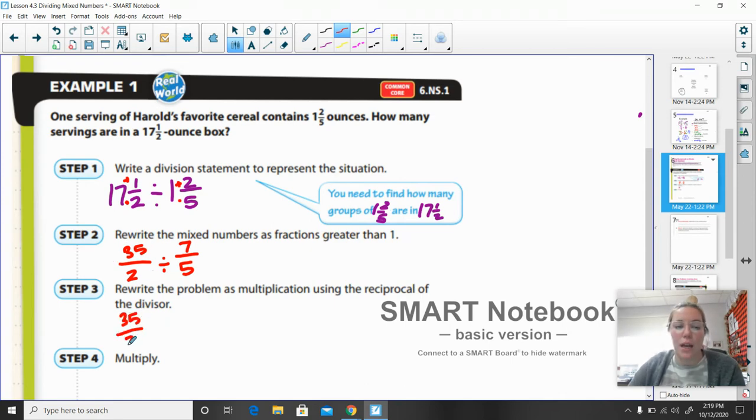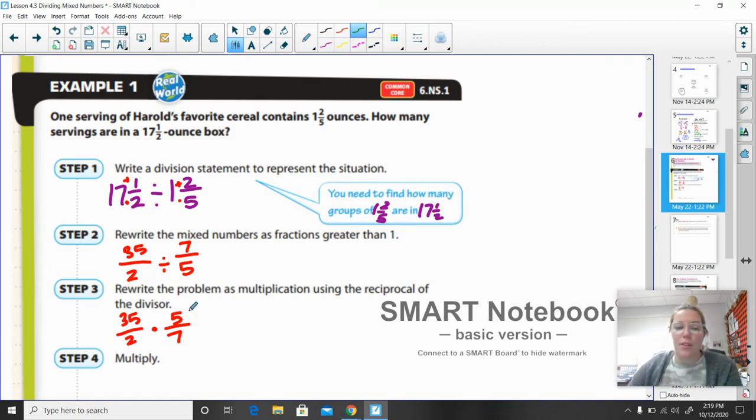I'm going to multiply by my reciprocal. Notice that we write it down first, we write it as improper fractions second, and then we copy, dot, flip. We need to rewrite this problem 3 times in order to truly be successful and not make silly mistakes. It seems like a lot of work, but it's not when you compare it to having to redo the problem because you're making so many silly mistakes.